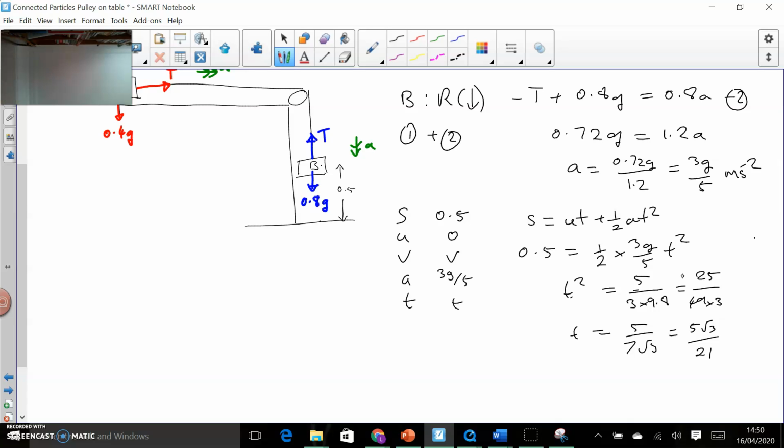So finding the velocity using v squared equals u squared plus 2as, we will have v squared equals 0 plus 2 times 3g over 5 times 0.5.